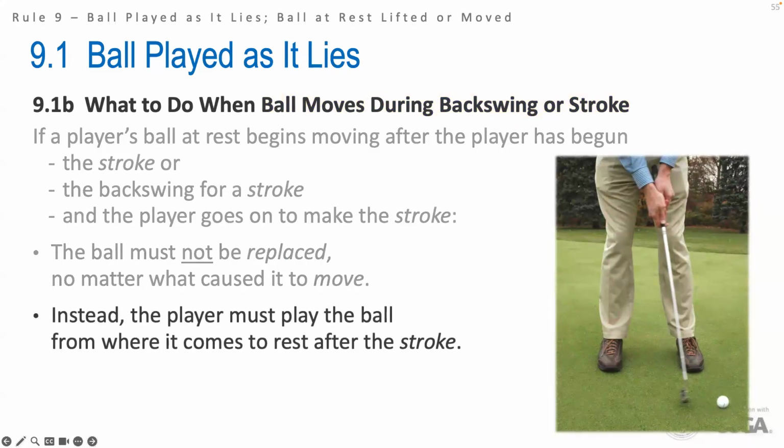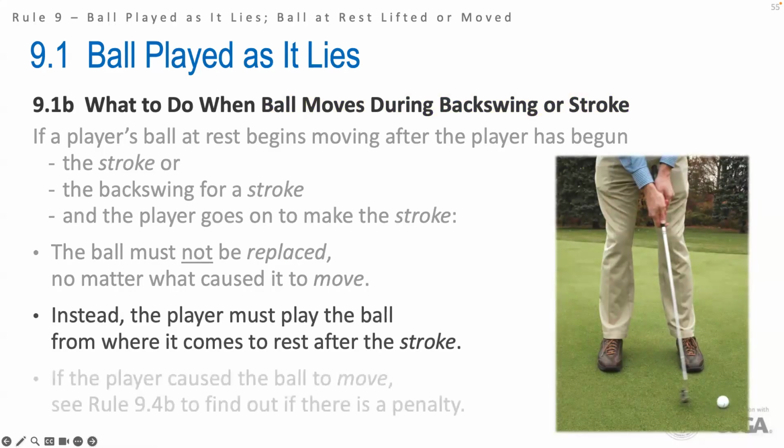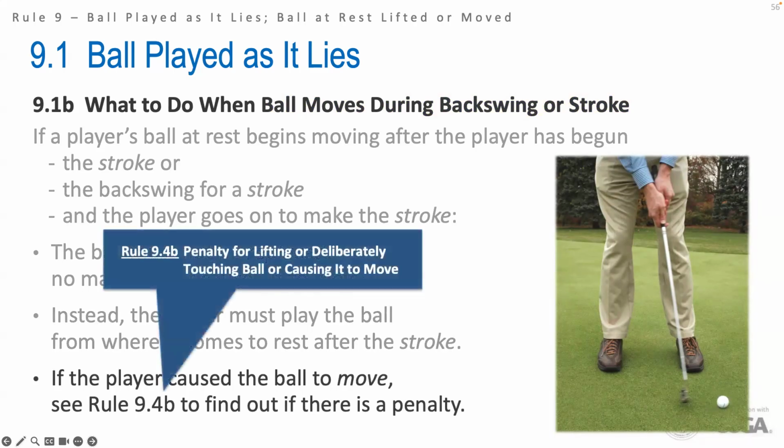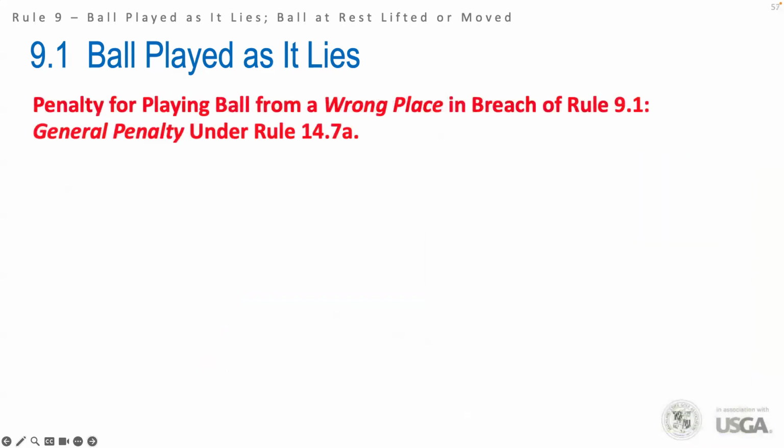Instead, the player must play the ball from where it comes to rest after the stroke. If the player caused the ball to move, we'll find out in a few minutes, but we're going to look at Rule 9.4b to find out if there is a penalty. For a penalty for playing a ball from a wrong place in breach of this rule, we're going to get the general penalty.